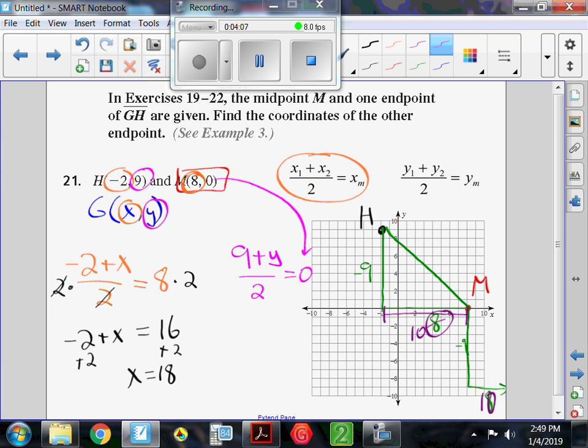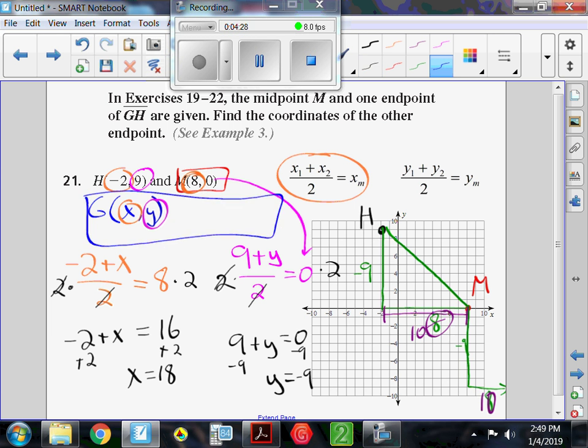So it equals 0. Now I just solve that, times 2 on both sides. 9 plus y is equal to 0. Subtract 9, so y equals -9. And we see that on the graph as well. So G, that I was trying to find, is going to equal 18, -9.